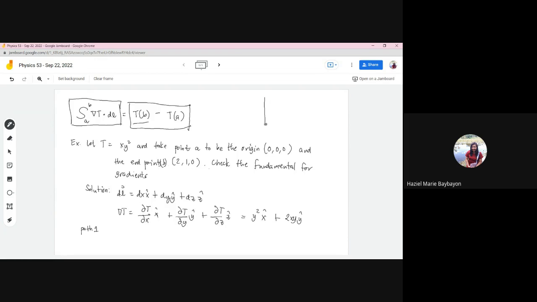Okay, so this is three-dimensional, but since wala man po tayo x, wala tayo z, so we can have this illustrated in a two-dimensional coordinate system. Okay, so this is your y, this is your x. So this is point A, the origin, point A. And then the point B is 2, 1, 0.